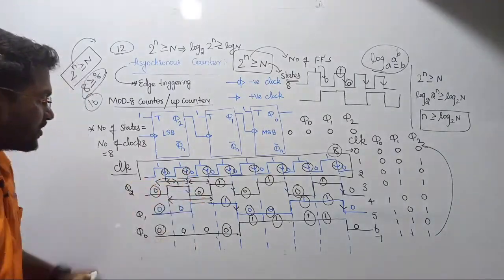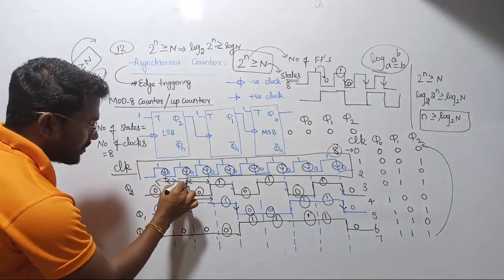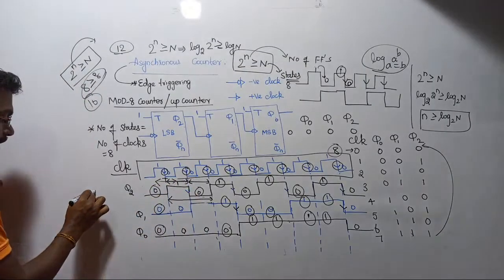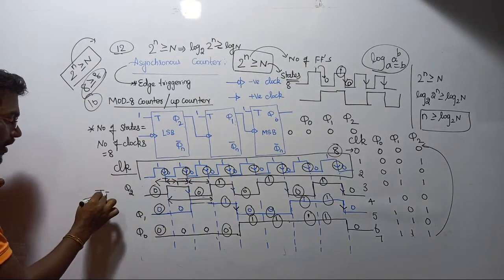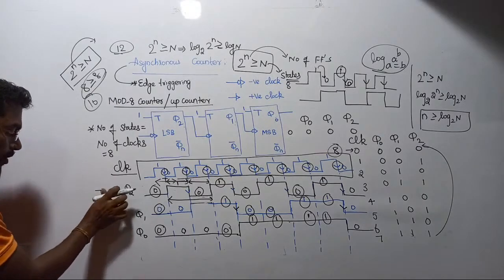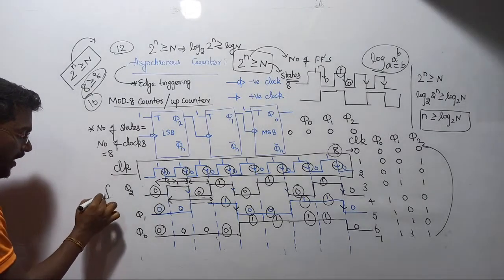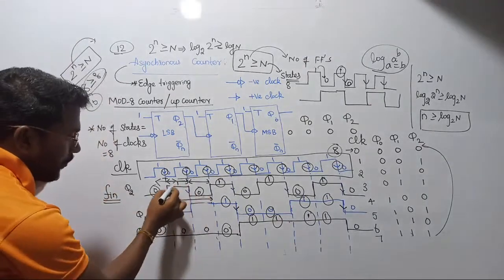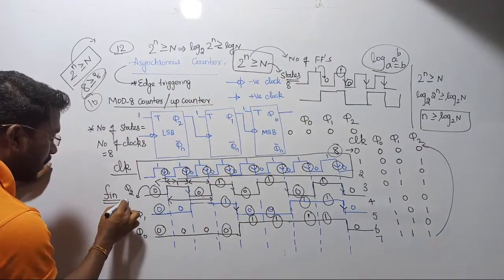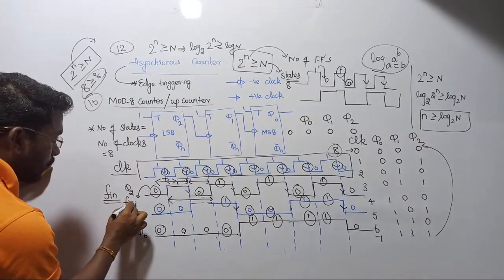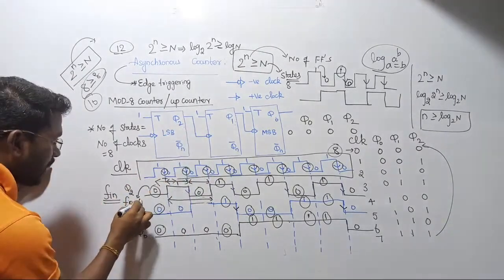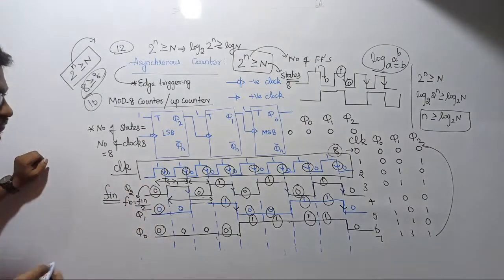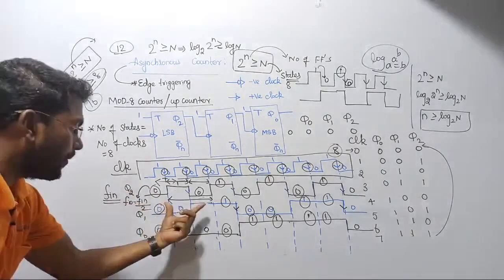So what is the conclusion here? Suppose the time period of your input clock pulse is T, and the corresponding input frequency is fn. Then the output frequency of the first flip-flop is the input frequency divided by 2, because the time period will be doubled.